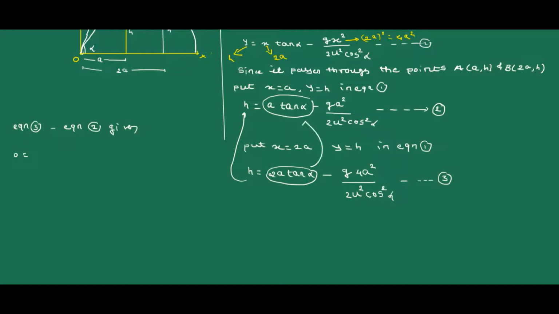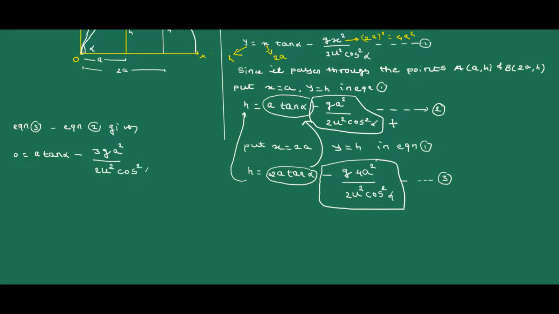This 2a tan alpha minus a tan alpha is equal to a into tan alpha. Next, minus 4g a square divided by 2u square cos square alpha, and minus into minus you will get plus, because after subtracting it becomes plus sign. So total on subtracting you will get minus 3g a square divided by 2u square cos square alpha.